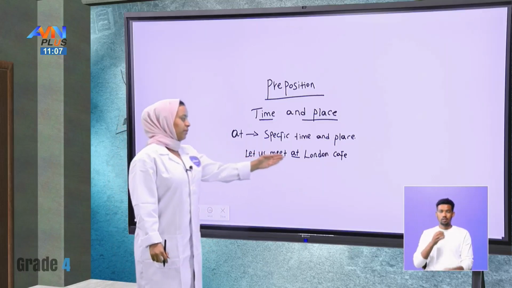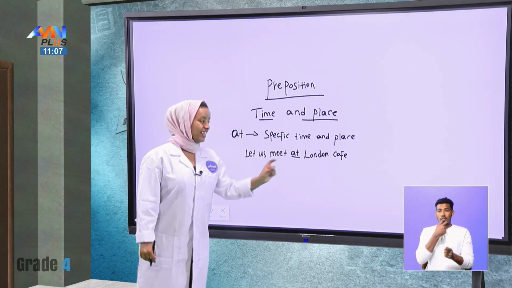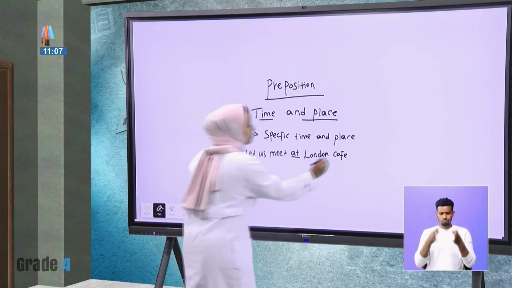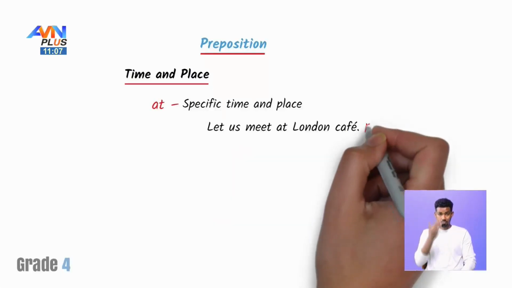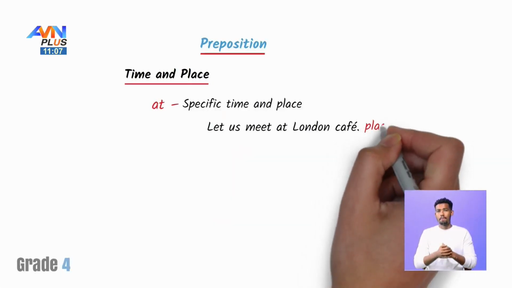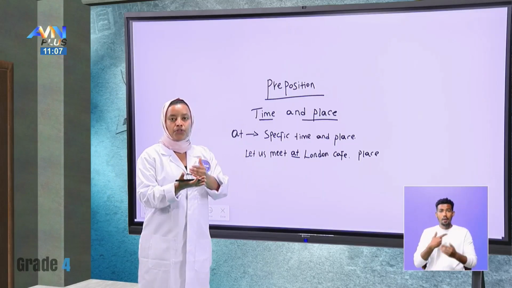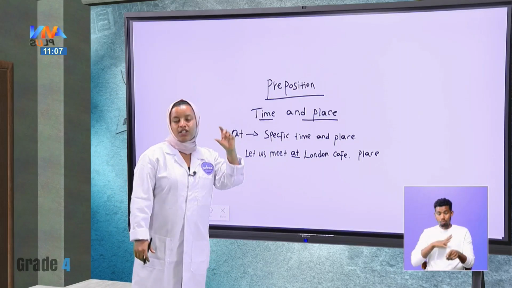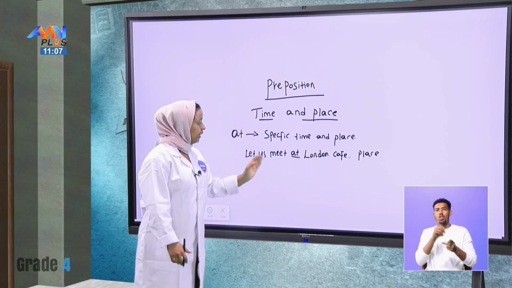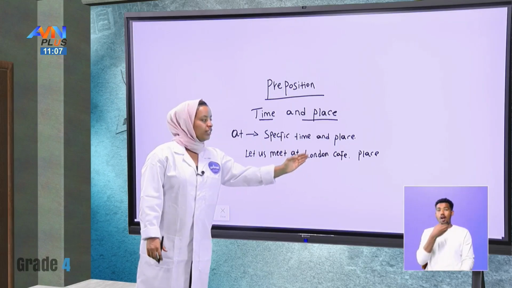Let us meet at London Cafe. It's a very specific place. Because there are different cafes in the city, but specifically this person chose the place. It's called London Cafe. Let us meet at London Cafe.